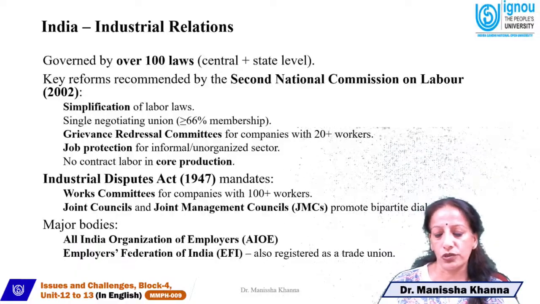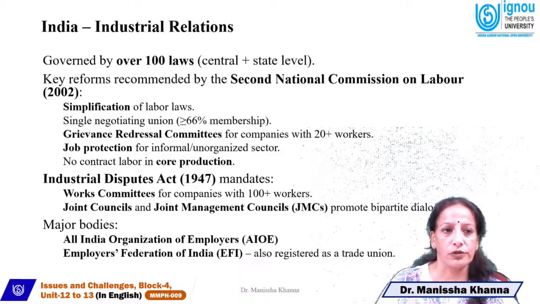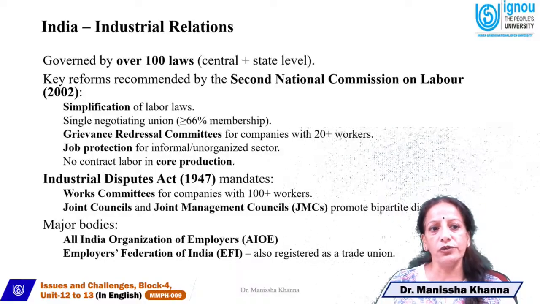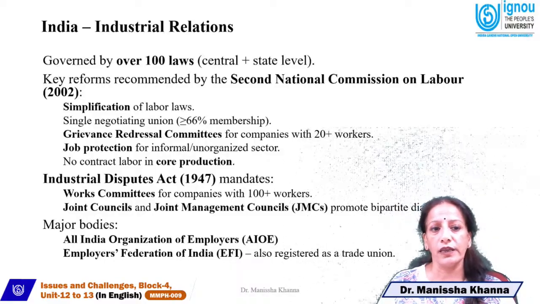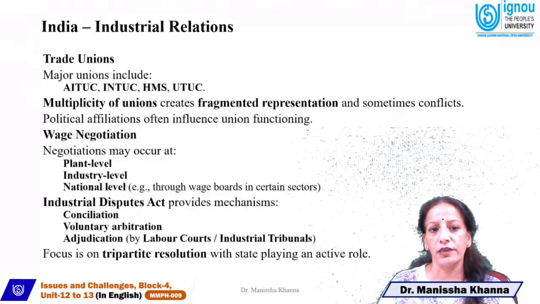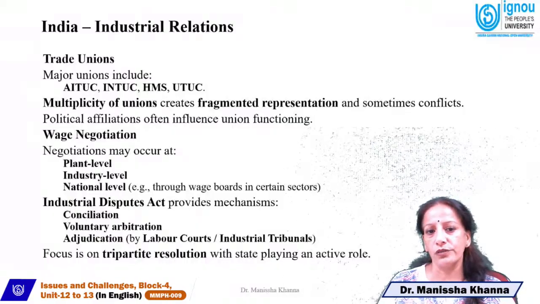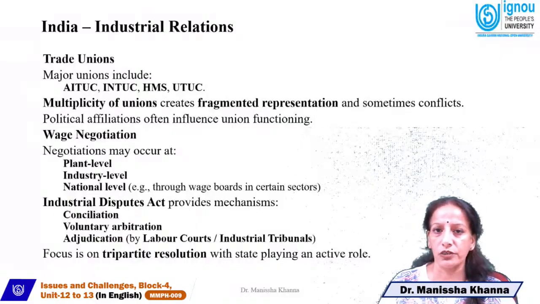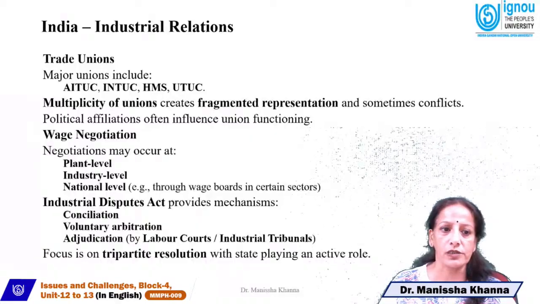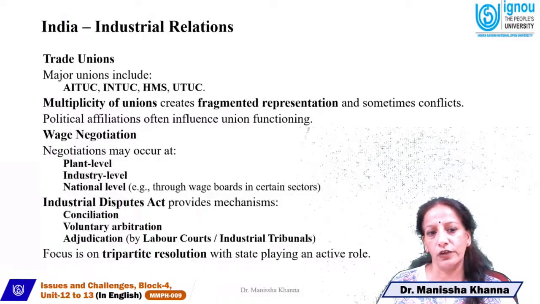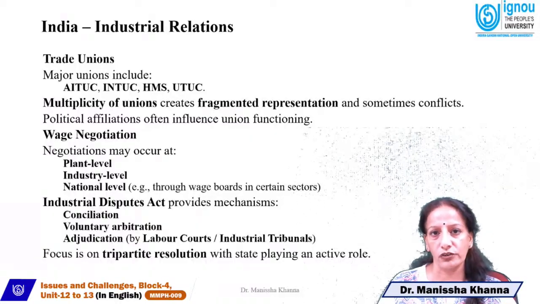It is also registered as a trade union. Major trade unions are AITUC, INTUC, HMS, and UTUC. The multiplicity of unions creates fragmented representation and sometimes conflicts. The political affiliations often influence union functioning.